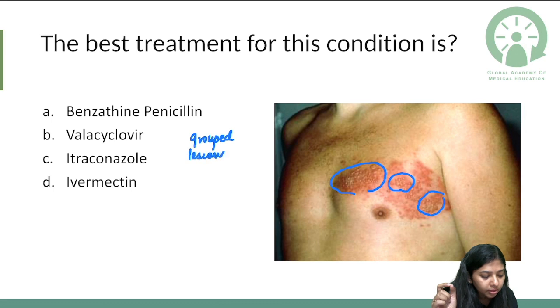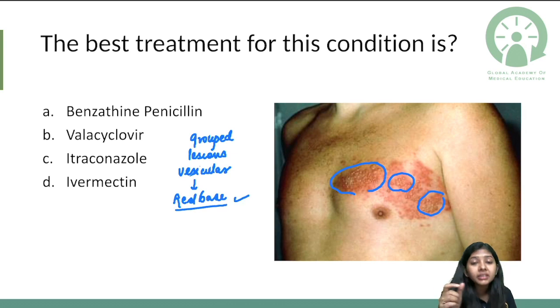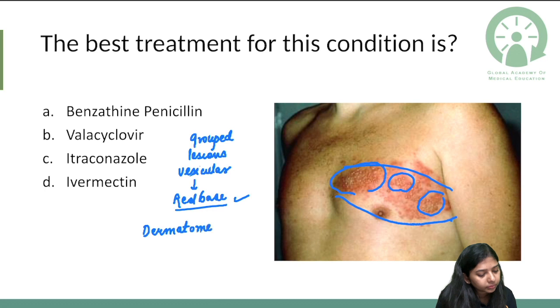Vesicular possibly, not so clear in the picture though, but these are vesicular lesions, and they are present on a red base, erythematous base, right? And they are present along a dermatome. So it's a dermatomal rash having grouped vesicular lesions on an erythematous base.